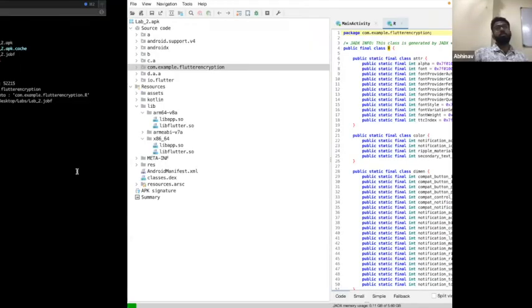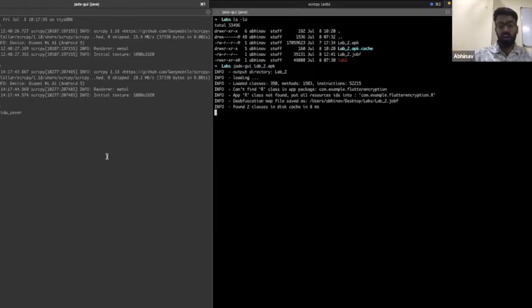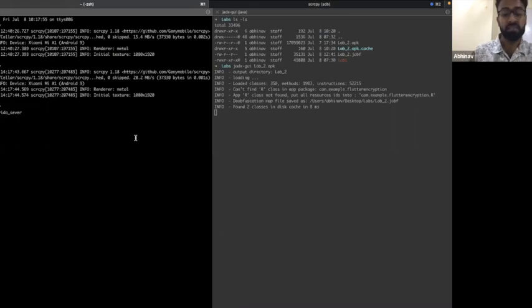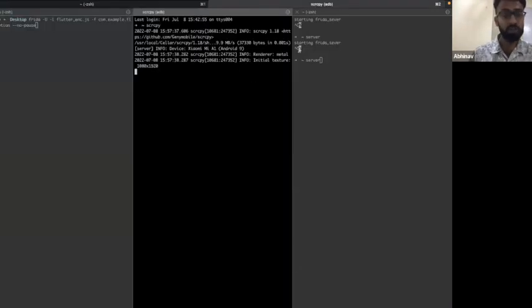Now, since this is not a native app, there are some special tools for frameworks like Flutter, which can help us in analyzing and reversing Flutter applications. One such tool that I have used here is Doldrums. Doldrums is an open source tool again.